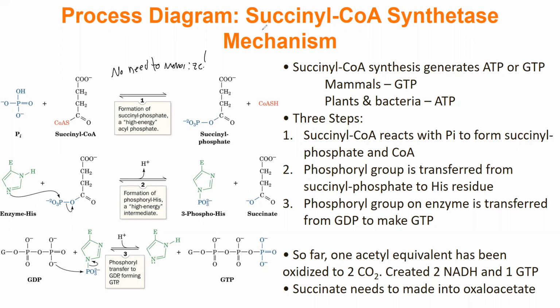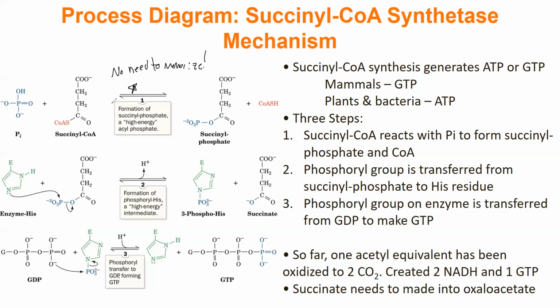The reason why this is called succinyl-CoA synthetase is that this reaction is completely reversible. So it is possible to go from succinate to succinyl-CoA. So my guess is whoever discovered this discovered the reverse reaction first, but in the citric acid cycle, we are mainly focused on the forward direction.